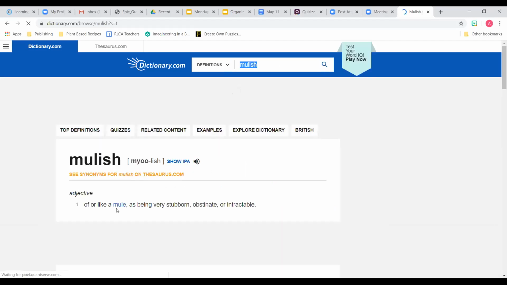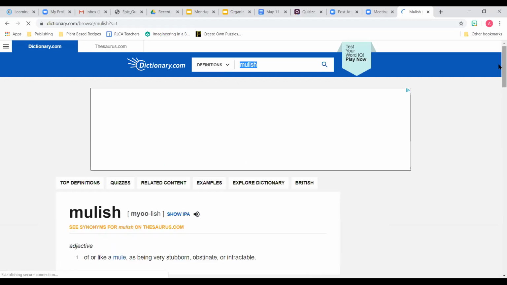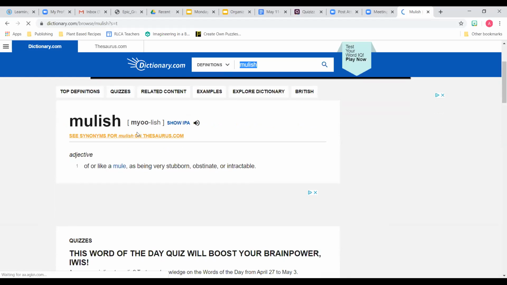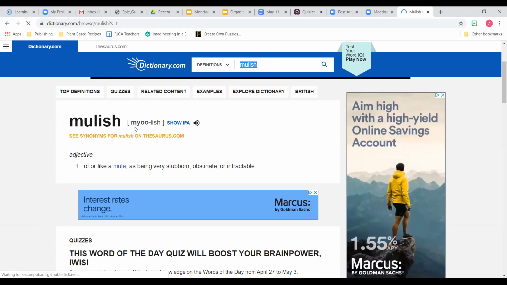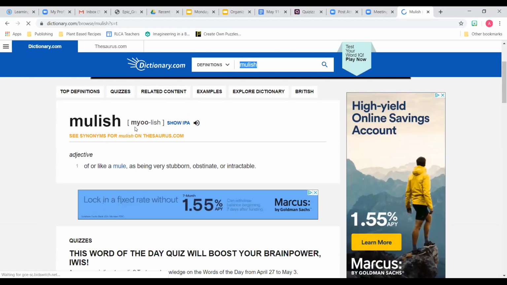And mulish is an adjective, it tells us. And so we're going to take a look at this right here. So mulish, it gives us first the pronunciation. And we would say it just the way that it is showing you how to pronounce it. So mulish. And it even gives you a nice little button here to tell you how to pronounce it if you don't know how to pronounce it.